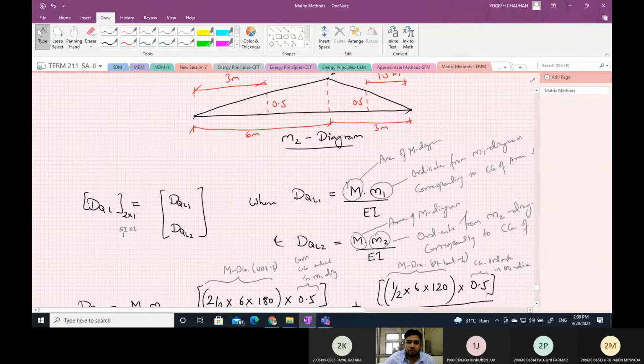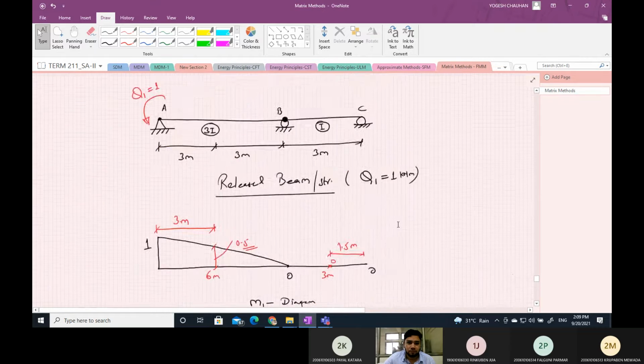Here capital M means we take the area under the capital M diagram, and m1 is the ordinate in the m1 diagram corresponding to the CG of the capital M diagram. Similarly, m2 is the ordinate in the m2 diagram corresponding to the CG of the capital M diagram.